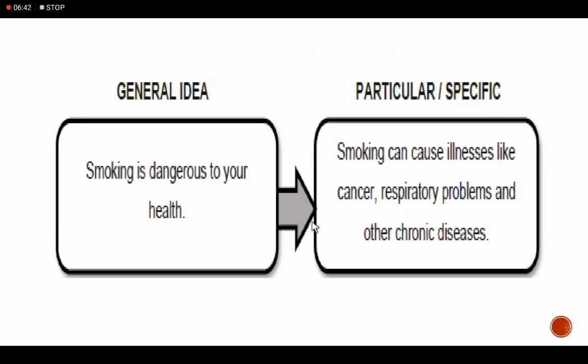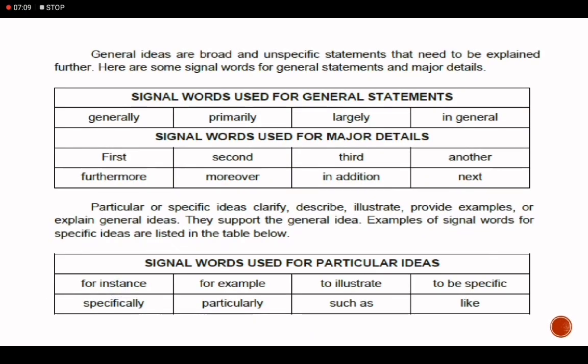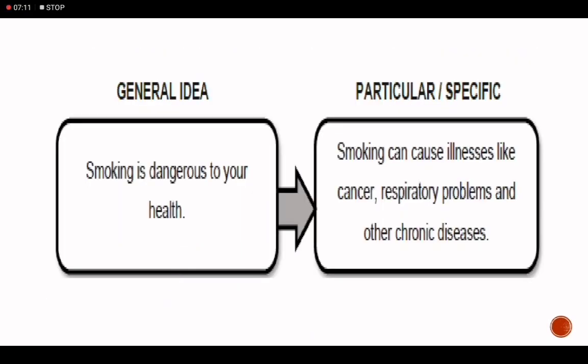Let's have an example. General idea, smoking is dangerous to your health. Particular or specific idea, smoking can cause illnesses like cancer, respiratory problems, and other chronic diseases. So we can use a transition word or a signal for our general idea. If we go back to the previous page, you can see that we can use generally, smoking is dangerous to your health.